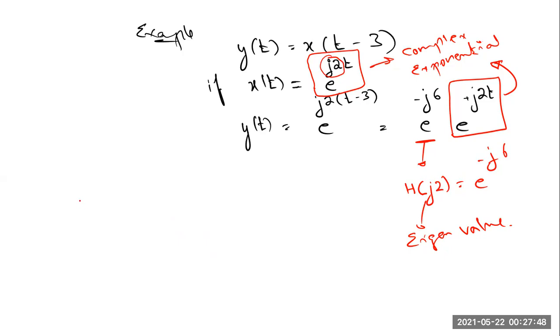From this simple example, you can see that for an LTI system, if input is a complex exponential, output will also be the same complex exponential multiplied by this eigenvalue.